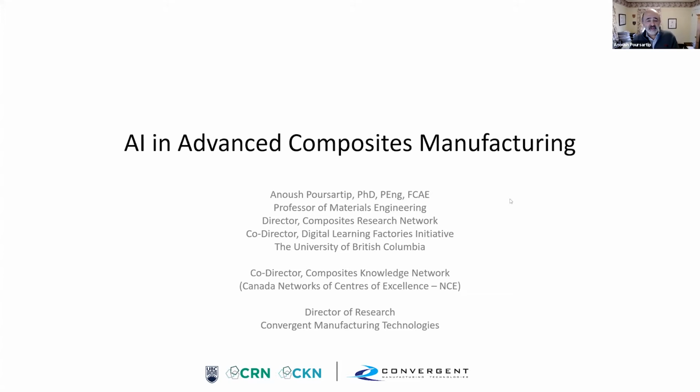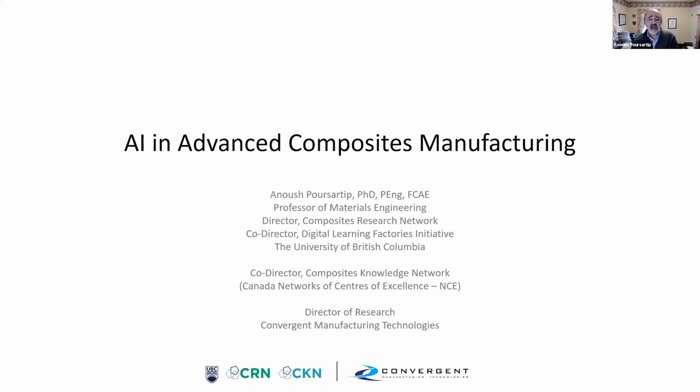Thank you very much, Bhushan. Thank you for this opportunity to talk to you about AI and advanced composites manufacturing. And I really appreciated Greg's comparison between the food industry and manufacturing in general. Manufacturing, of course, being the transformation of a raw material into a more finished product.